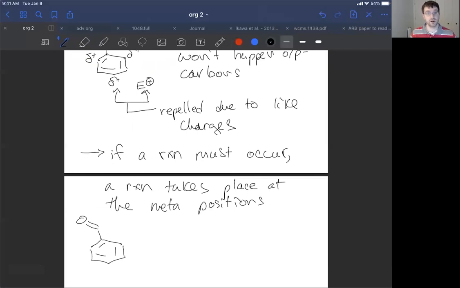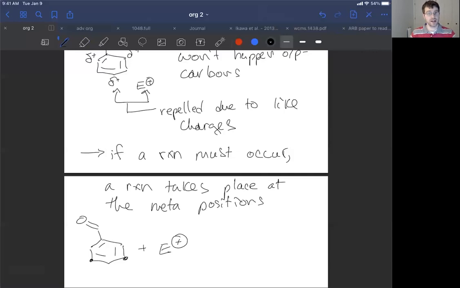It takes a lot of work to get a reaction to occur because when this reaction occurs, we have to sort of introduce a positive charge into our intermediate complex, or into the intermediate that forms along the way to give our product. Okay, so what I'm going to do is take the electrophile and let it react at the meta positions.